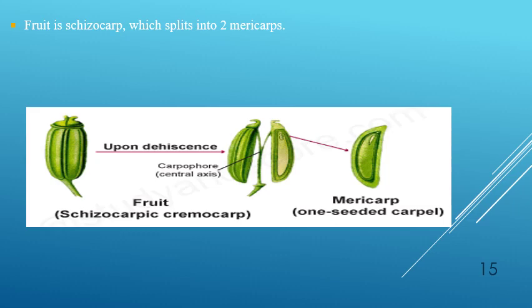Mericarps remain attached to the central axis known as carpophore. Mericarps are longitudinally ridged, and in between the ridges, resinous or oil ducts called vittae are present, as you observe in the given slide.